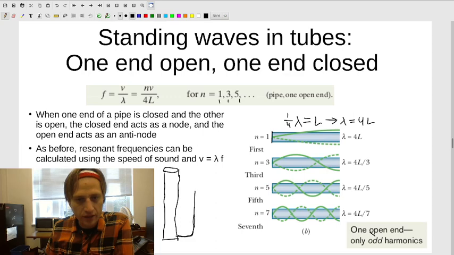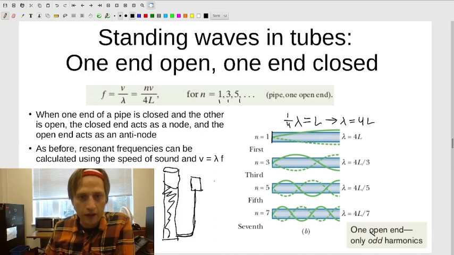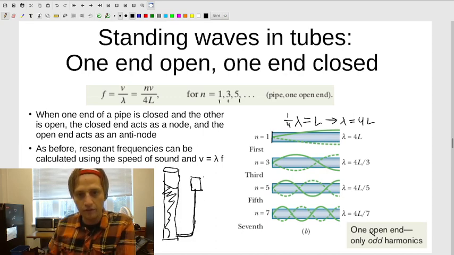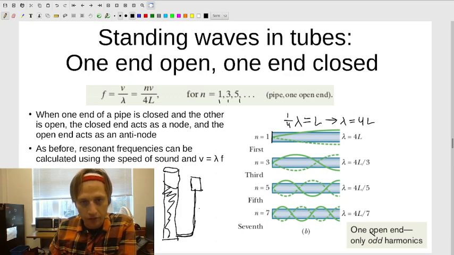It looks like this. You have a tube that's filled with water, and you have a rubber hose at the bottom, and you can lift a little cup up and down, and if you bring this down, it can make the length of the tube longer.